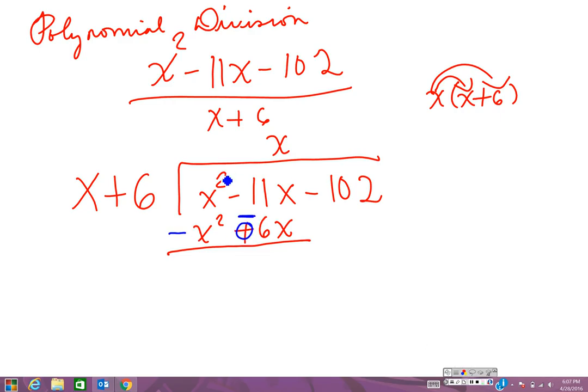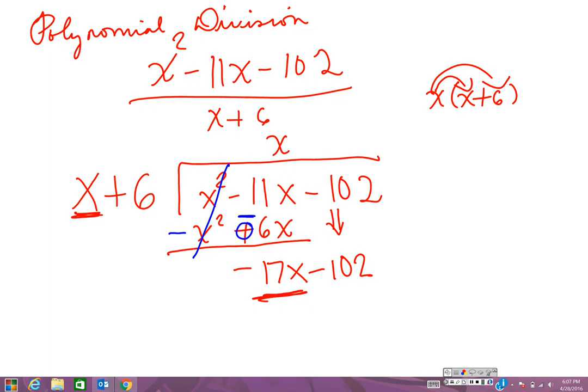So now x squared minus x squared cancels out. Negative 11x minus 6x is negative 17x, and we always bring down one term and we start over. X times what would just give you negative 17x. That's what we're concentrating on, the first terms.